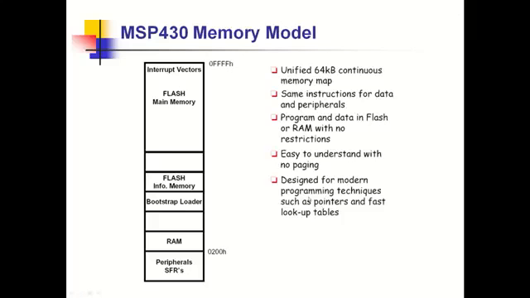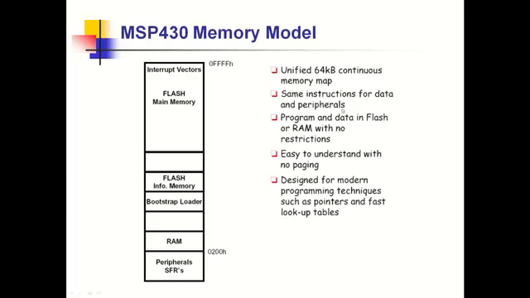So in summary, about the memory model of the MSP430 controller, the total addressing capacity of the MSP430 is 16 bits, so 2 raised to 16, that is 64 kilobytes of continuous memory mapping. The same memory is used either for data or for the peripherals.